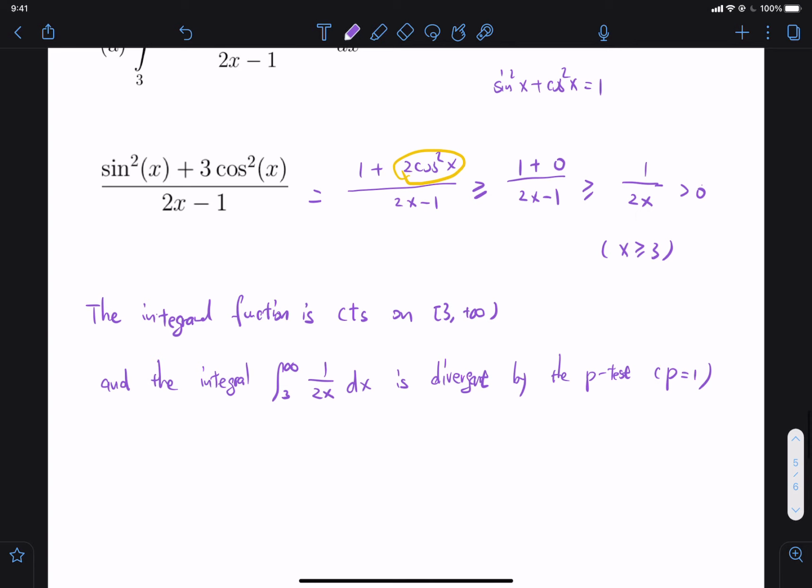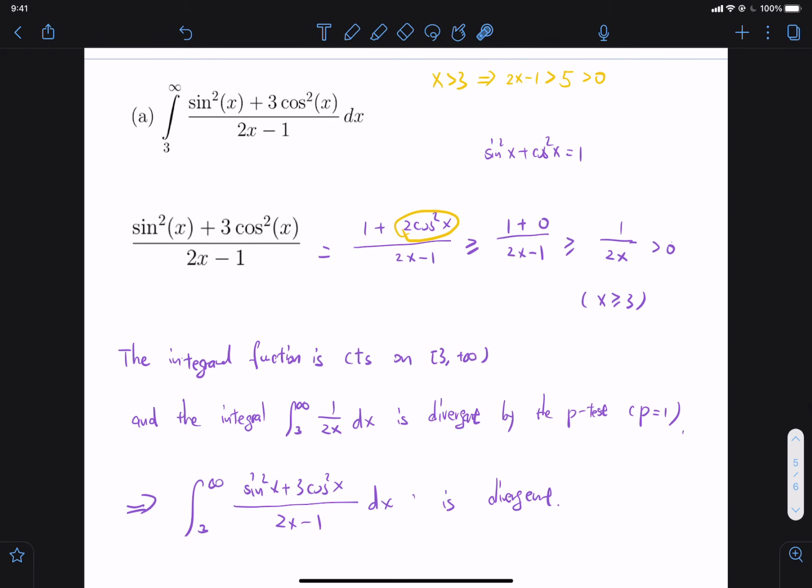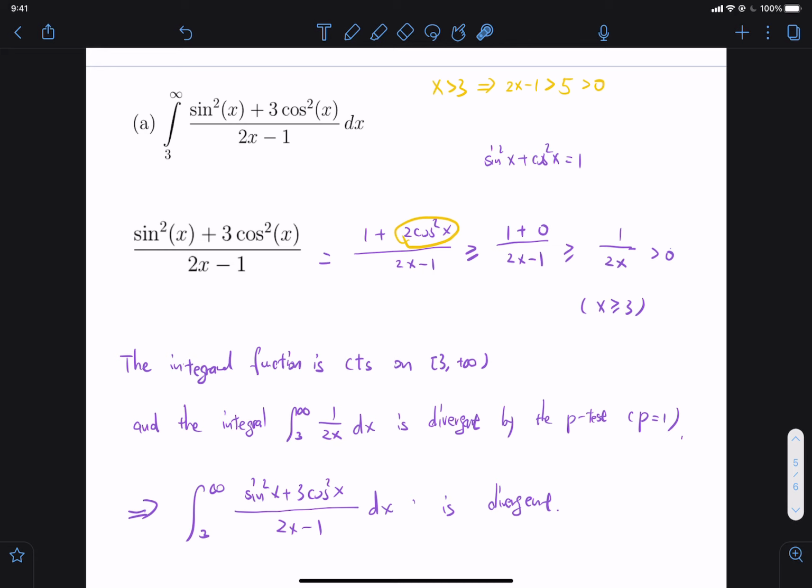So by the comparison theorem, right, we have that this whole thing, sine square x plus 3 cos square x divided by 2x minus 1 dx, it's divergent because this function is even greater than a divergent function, right? And we make sure that we are using the positive side to do the comparison, right? So this is going to be divergent.